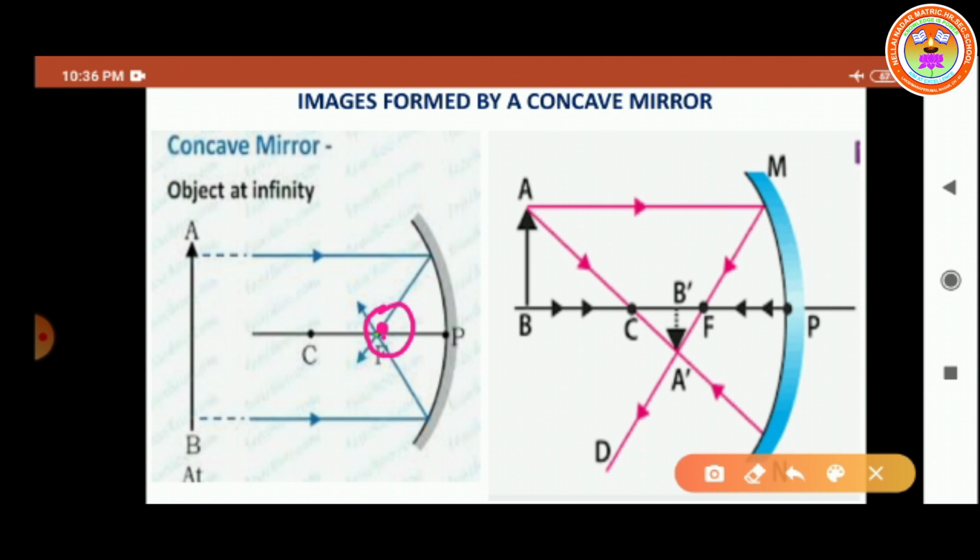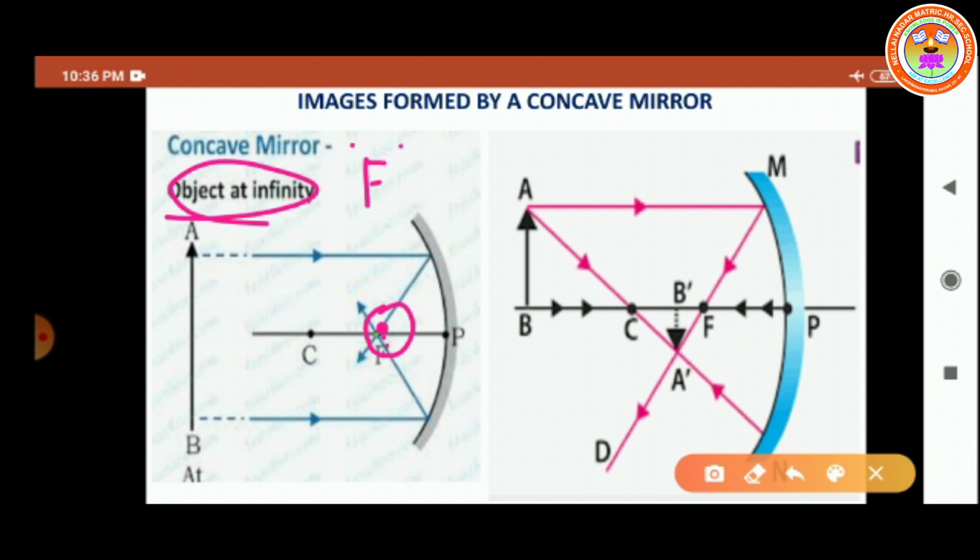Erect means straight. So the first case is what? The object is located at the infinity point. Where will the image be formed? The image is formed at the focus point only. This is the first case. Let us move on to the second case.